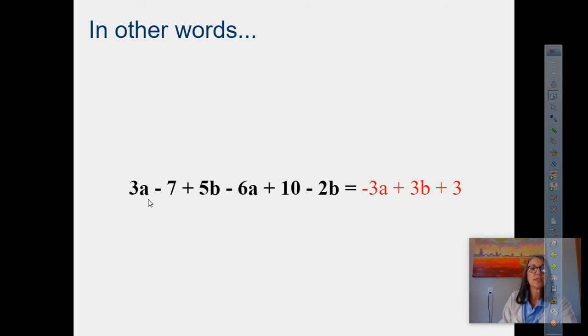So in other words, all of this can be simplified to negative 3a plus 3b plus 3. Algebraic protocol has us putting our variable terms in alphabetical order. So it is most correct to have the negative 3a appearing in our expression before 3b, because a is before b in the alphabet.